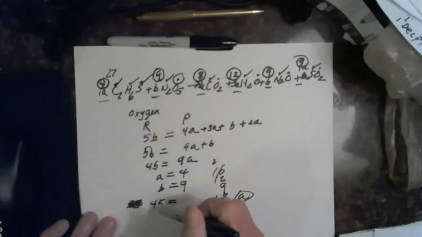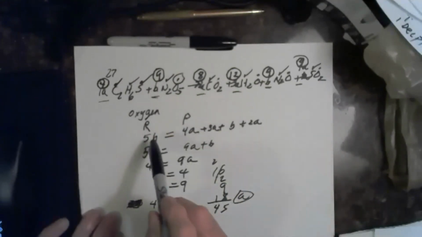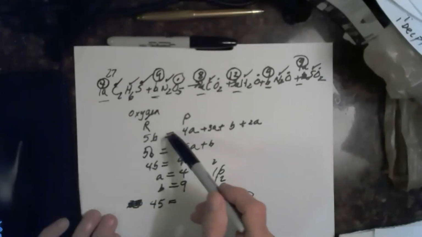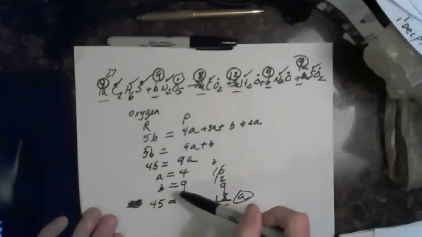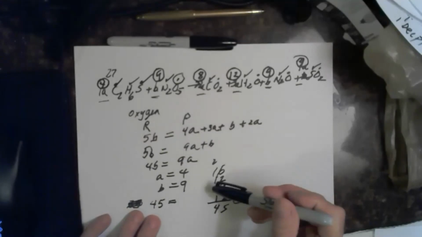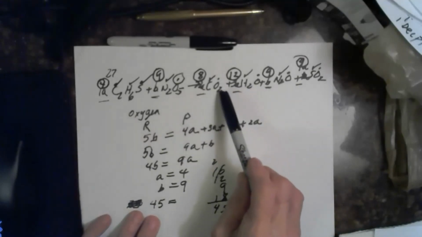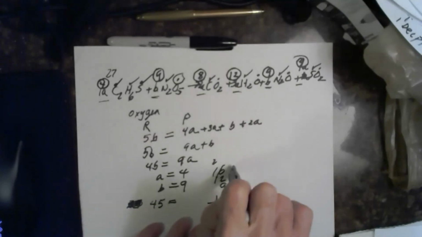I was checking down here to see that response A was correct, 45 oxygens on each side. So for the oxygen balance, I did it right there. 5 times B value is 9, so that's 45. And then I had 2 times 8 is 16 oxygens from the carbon dioxide.